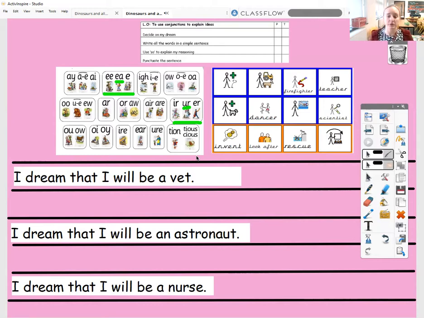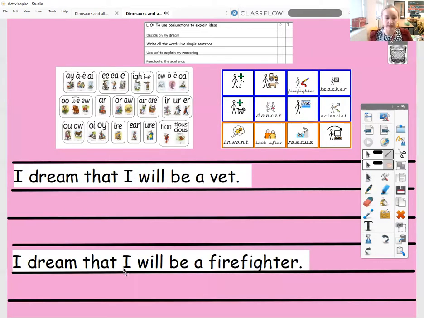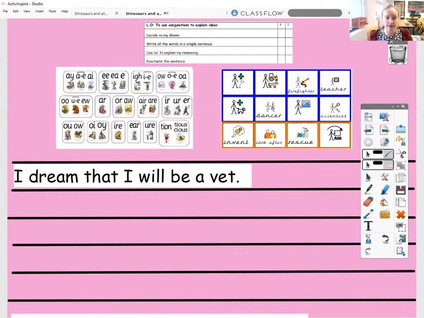And this is linking back to our story because we've got the man, haven't we? And he dreamt. So I dream that I will climb up and get the star. Okay, so that was his dream, and we're writing our own dreams today. So I've got these sentences. I'm going to use this first one here that I have written from previous. So I've got, I dream that I will be a vet, which was my first one here.